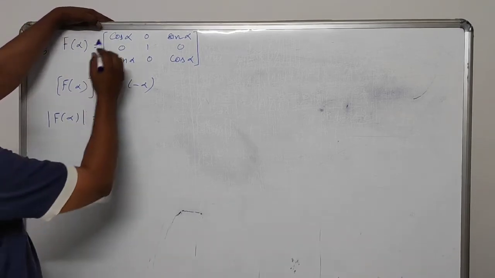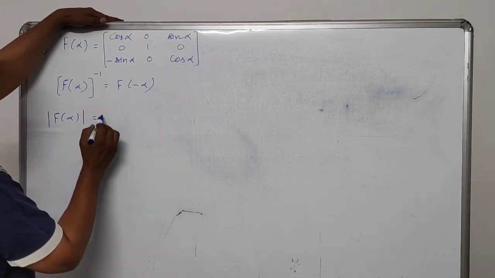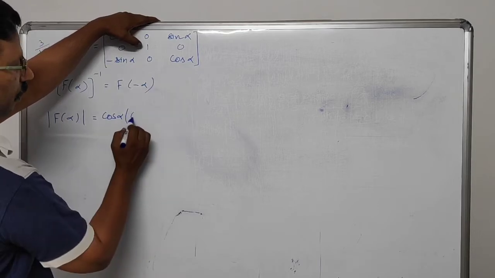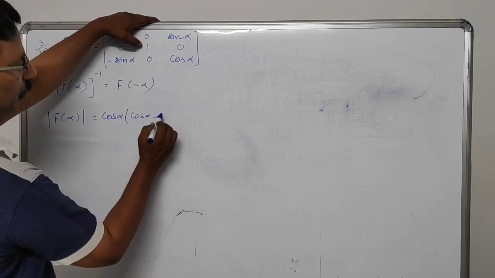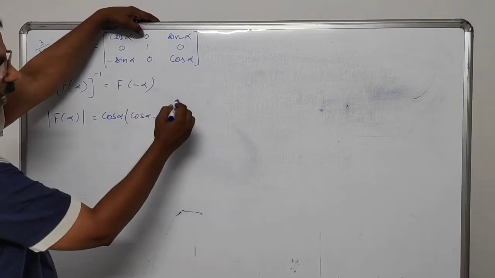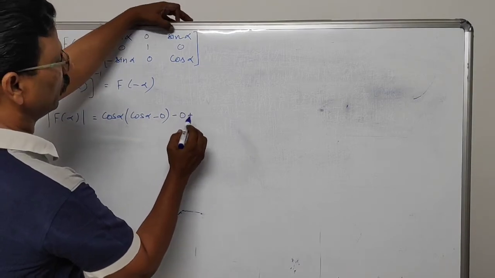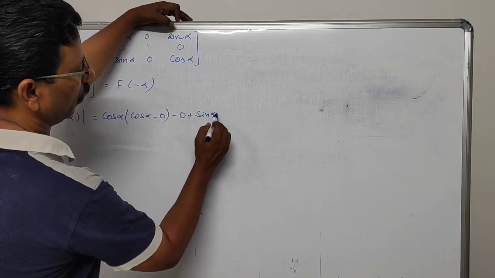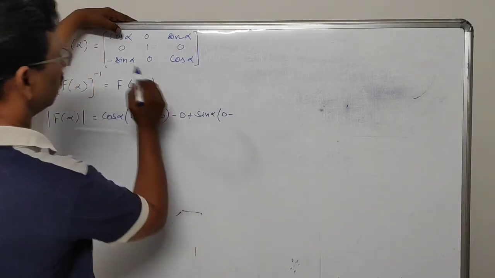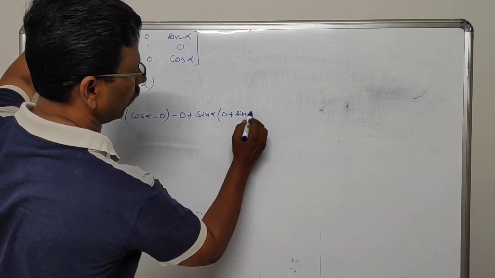Since it is a 3 by 3, you can take the signs plus, minus, plus. Like that, you can write cos alpha into 1 into cos alpha, then minus 0 into another minor, which becomes 0 only. Therefore, we can leave it. Then plus sin alpha into, leaving this row and column, 0 minus sin alpha into minus sin alpha, minus of minus becomes plus sin alpha.